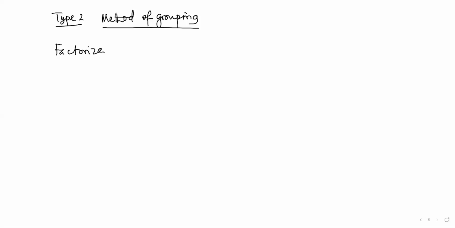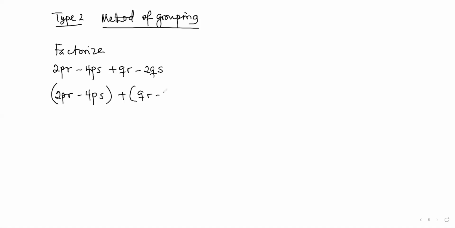Factorize 2pr - 4ps + qr - 2qs. Don't forget you have to first group the terms in pairs such that each pair has a common factor. If you look at it carefully, I can group 2pr and 4ps into one bracket because we have p in common, and 2 and 4 also, so we can get 2 to be common. Similarly, we can group qr and 2qs because q is common to both.